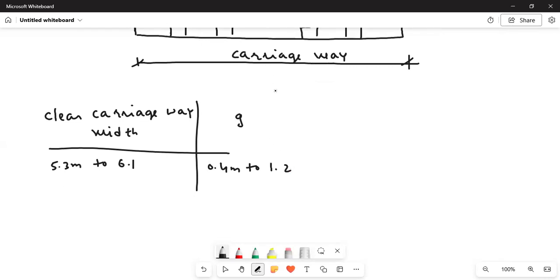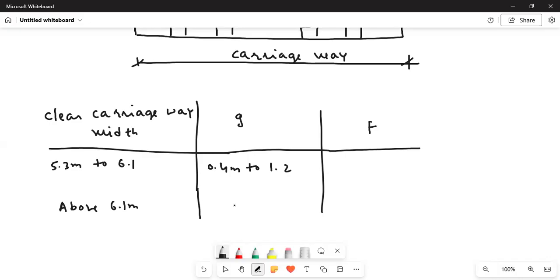What is G? The minimum clearance between the crossing vehicles. If the width of the carriageway is above 6.1 meter, then G is 1.2 meter. And F, for all carriageway widths, will be 150 mm.